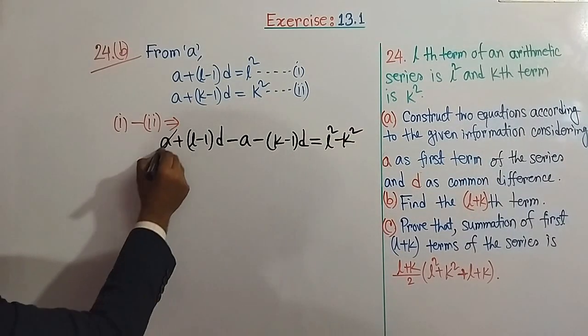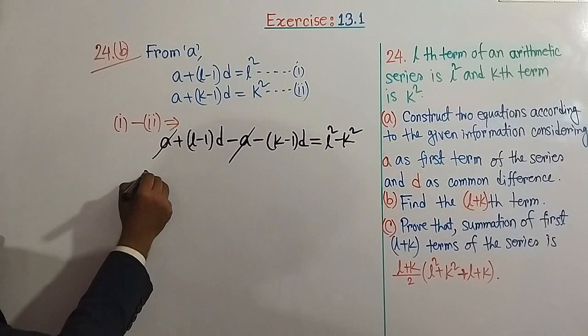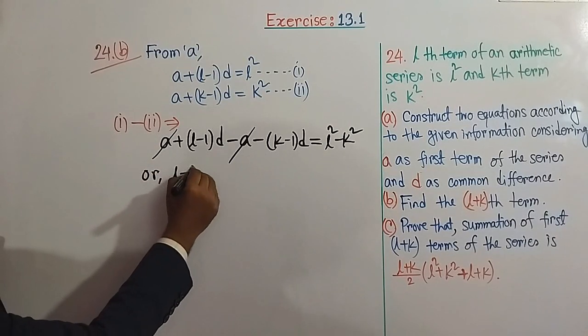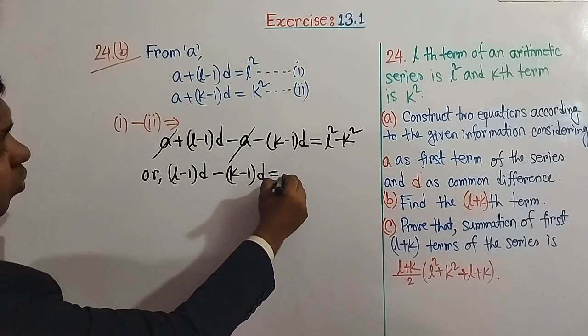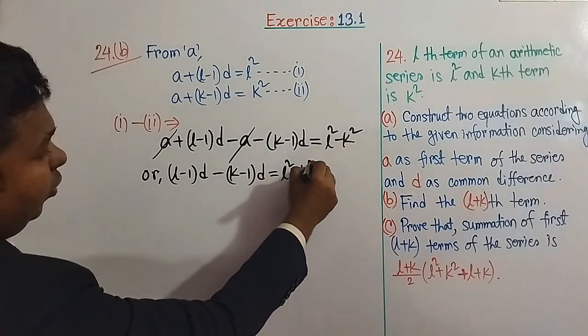Now plus a and minus a are cancelled, so here (L − 1)d, then minus (k − 1)d equal to L² − k².